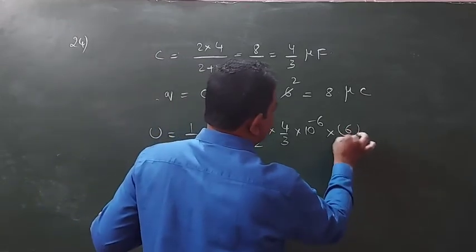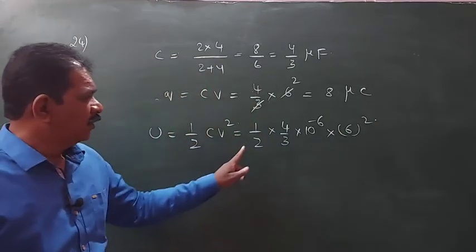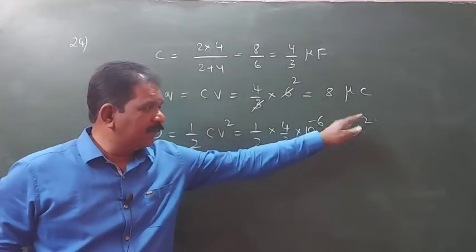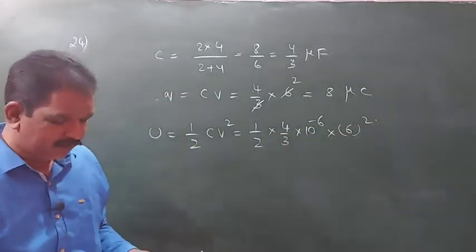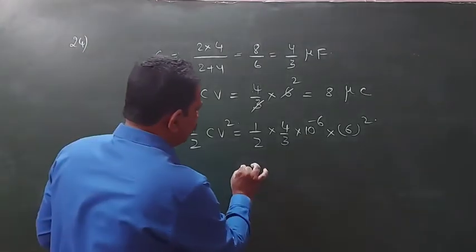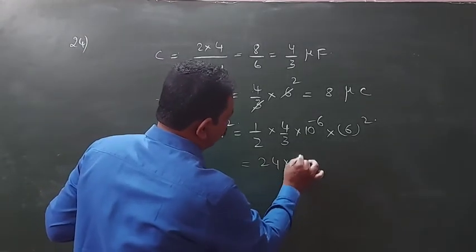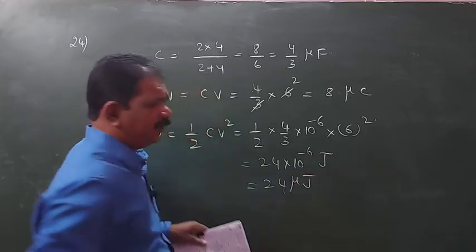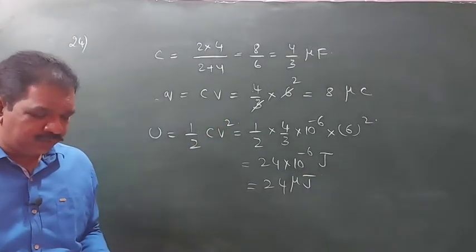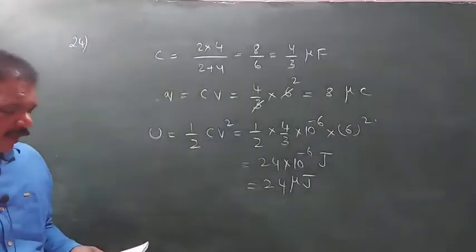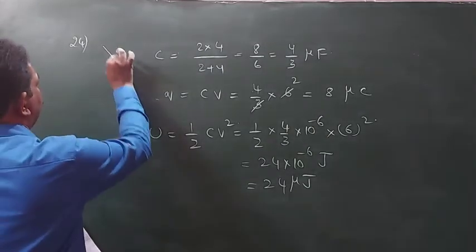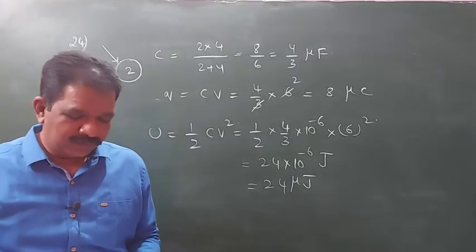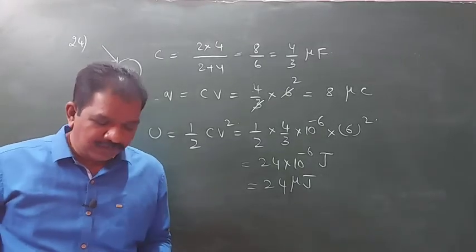V value 6 square. 1 6 will cancel. 2 into 3 is 6. 1 6 it will cancel. 4 into 6 is 24. So this value 24 into 10 power minus 6 joules. 24 microjoules. So option for 24 will be second option. Okay. Next 25 you see.